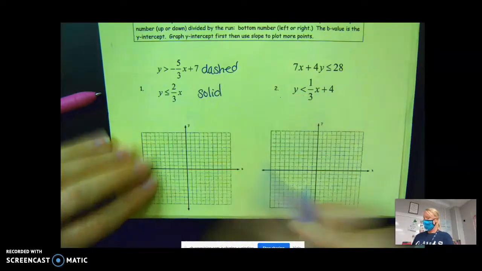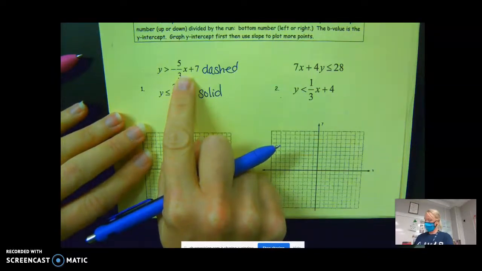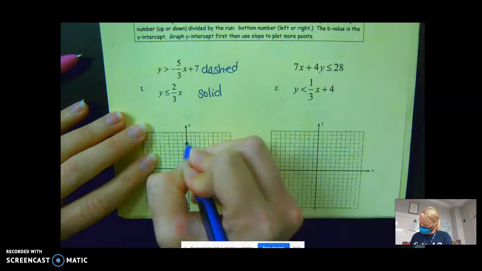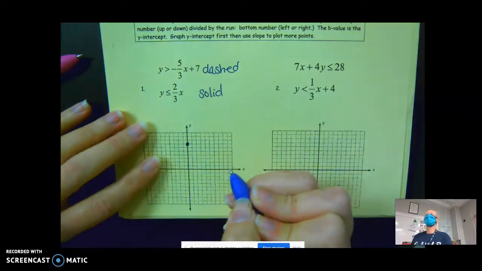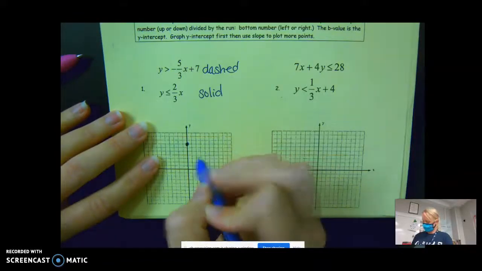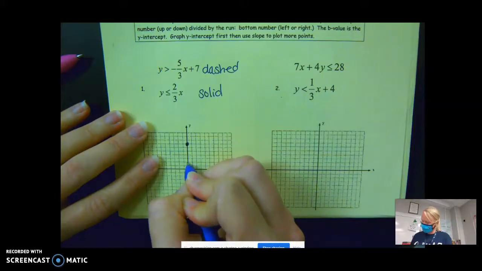All right. I'm going to graph the first one. What is my y-intercept on this guy? 7. So I go up 7. My slope tells me to do what? Awesome. Down 5. 1, 2, 3, 4, 5. And to the right 3. And I'm going to do it again.